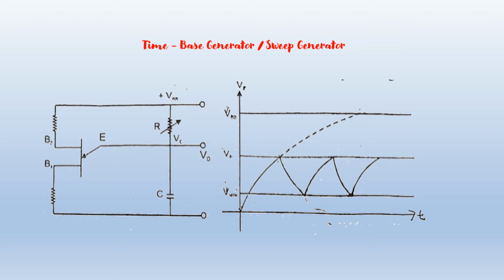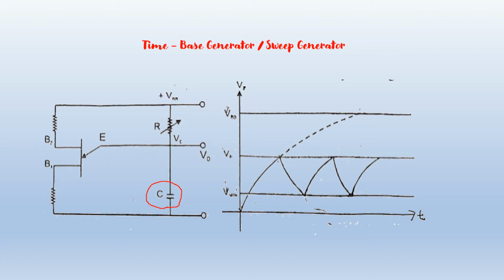Now this figure shows a simple unijunction transistor, that is UJT sawtooth oscillator, as a time-base generator. When the supply is switched on, the capacitor charges exponentially through resistor R, and emitter voltage rises towards the supply voltage VBB. When VE reaches the peak voltage, the emitter-base diode becomes forward biased and the UJT gets fired.